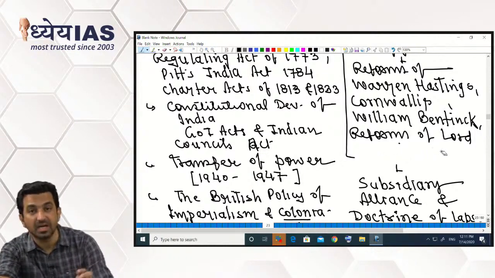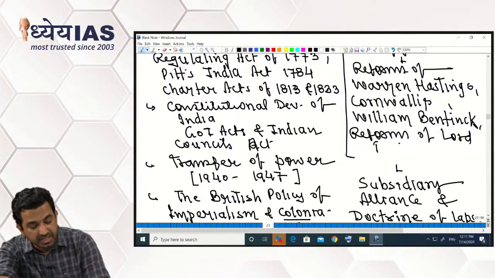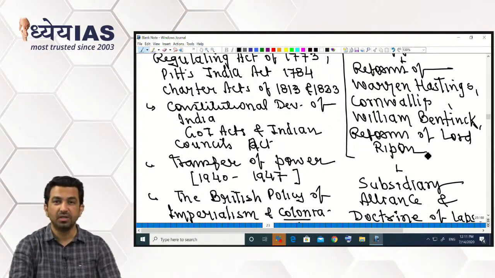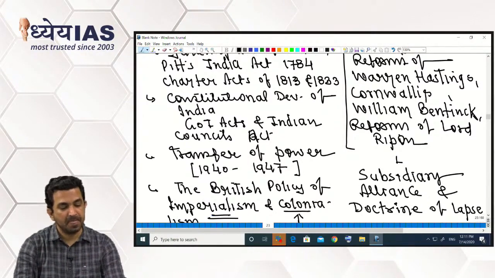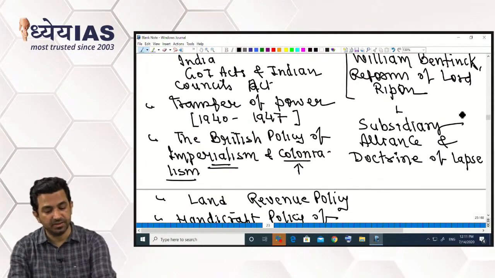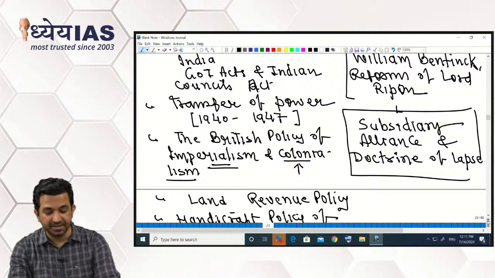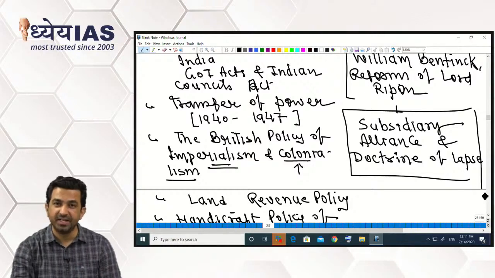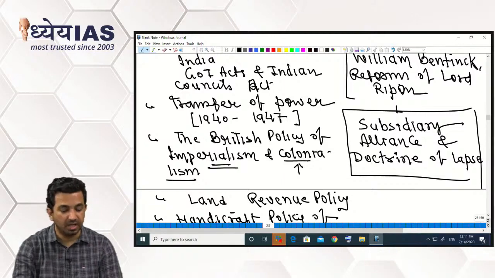So make a correction there. And then the subsidiary alliance system of Wellesley and doctrine of lapse policy of Lord Dalhousie.